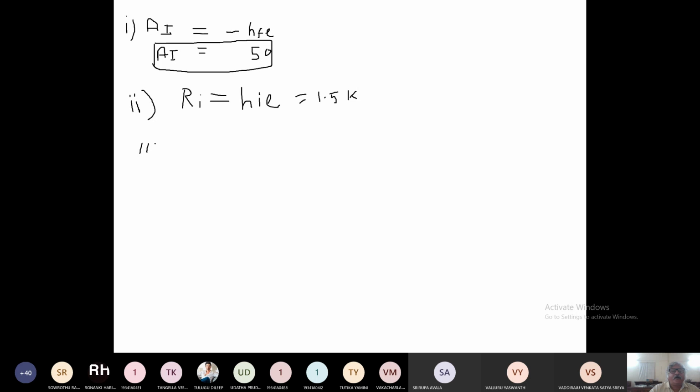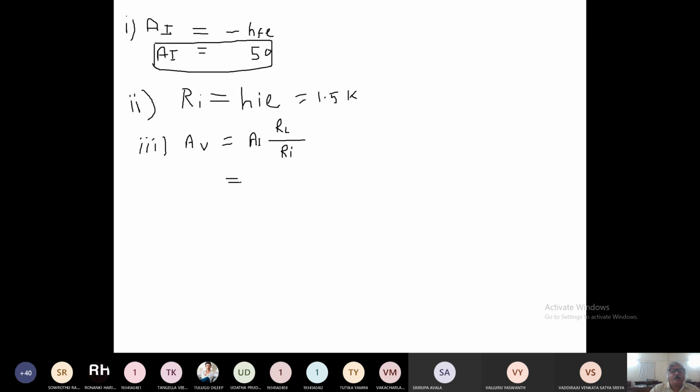And the third one is AB, the voltage gain, and it is AI multiplied by RL by RI.